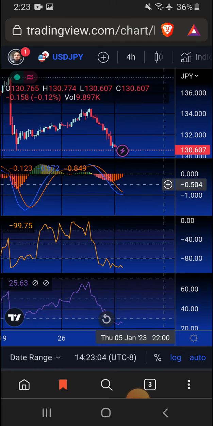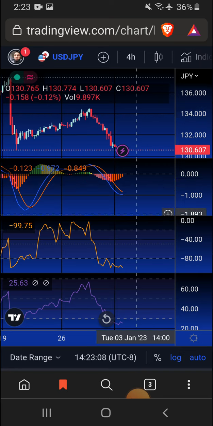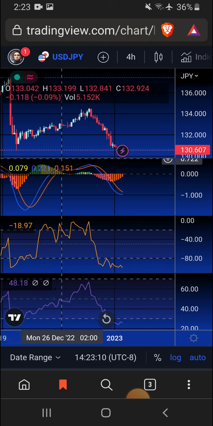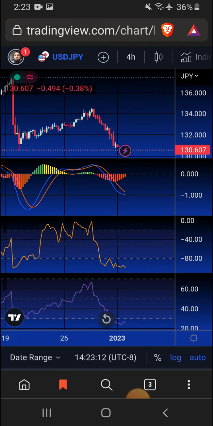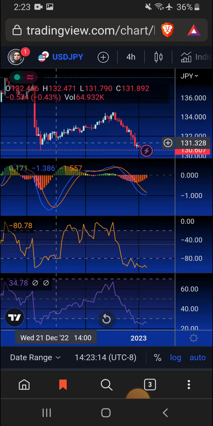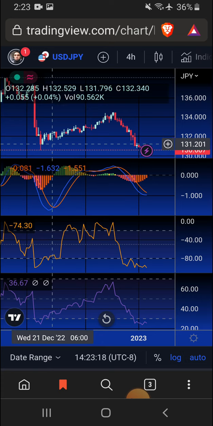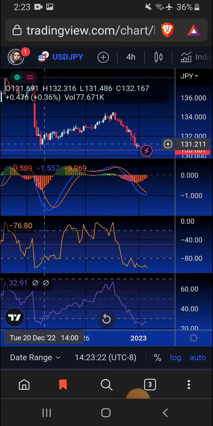Right now it looks like it's starting to converge. As you can see, if you see the price here, the price was actually the first peak. If you can see the crosshair, we have the first peak there, which was around 131.211.